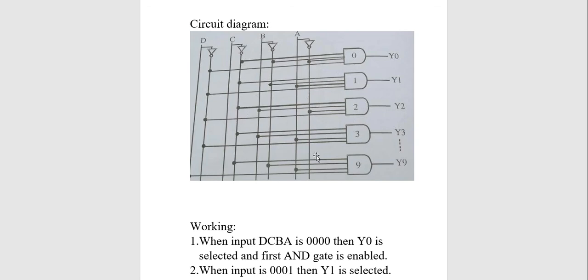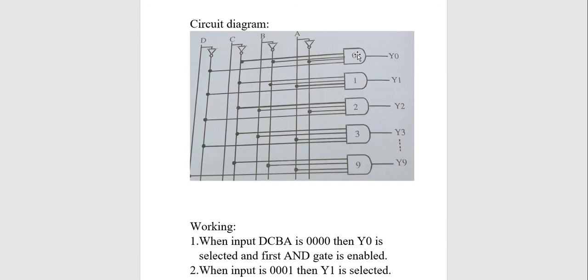Okay, in the previous 4:1 multiplexer, we saw that depending upon the input we gave, our output is selected. Now here, if I provide 0, 0, 0, 0, at that time my first AND gate will be selected, and Y0 will be the output.